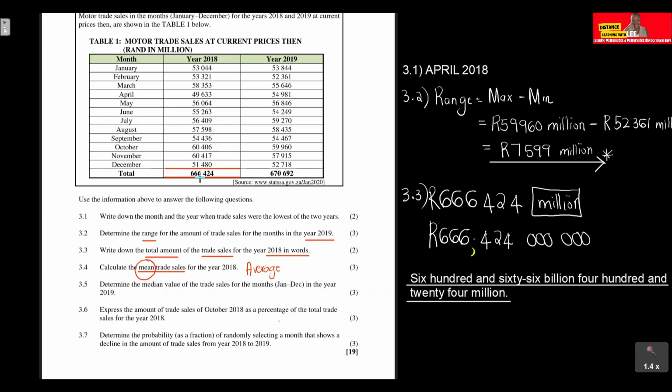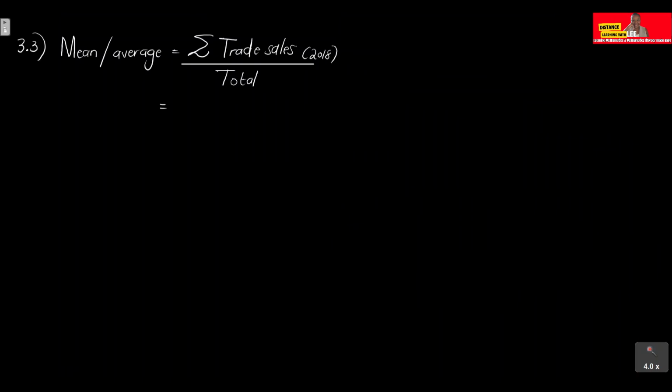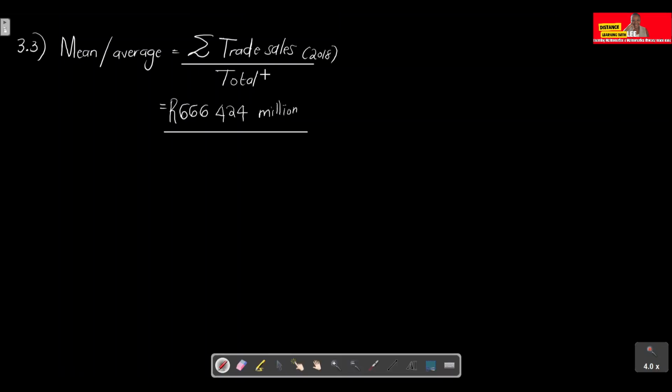But I'm going to show you how we are going to write that. We can write the total trade sales as 666 and then million, divided by how many total sales they had in the year 2018.